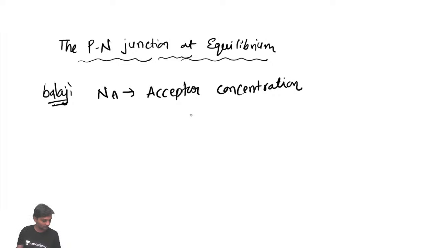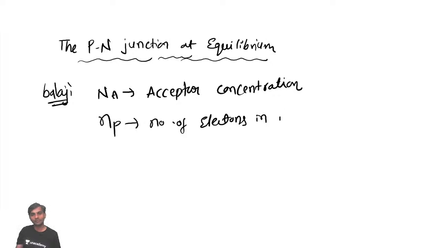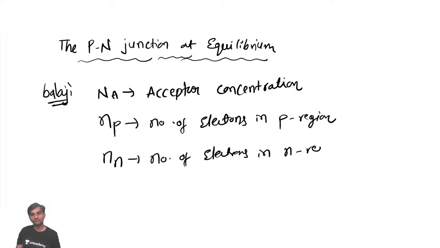NP is the number of electrons in the P region. Then what you asked, N, is the number of electrons in the N region. Understand, Balaji?